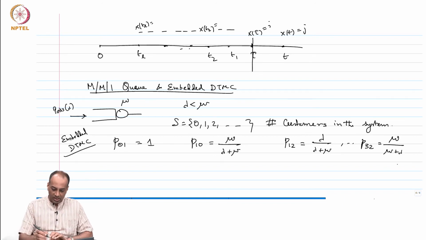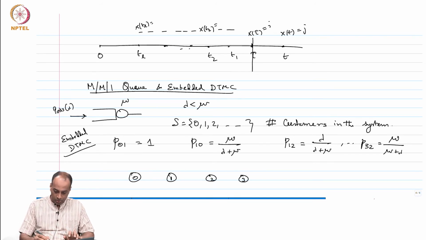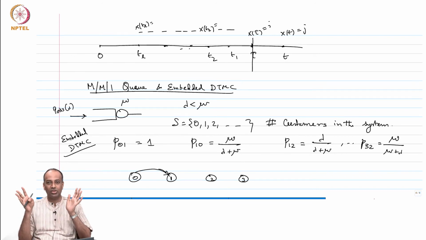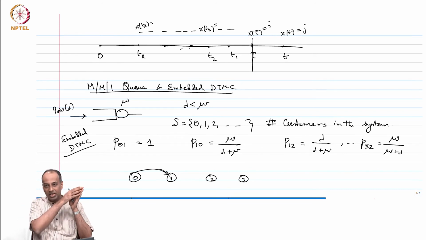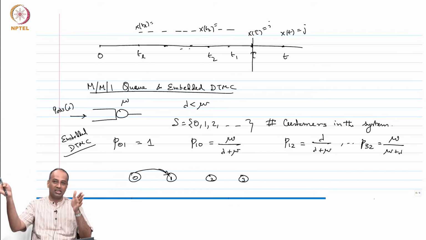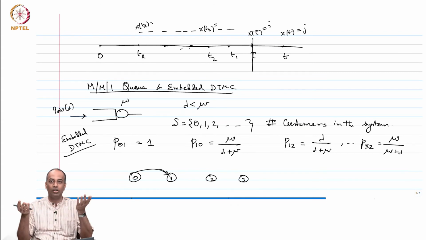So, if you look at the embedded DTMC, you get a structure like this. From 0 you can only go to 1, because we are not allowing self transitions. Please remember that a transition from 0 to 0 is not counted. So, the process remains in 0 and the only next distinct transition that can happen is the arrival of a new customer.